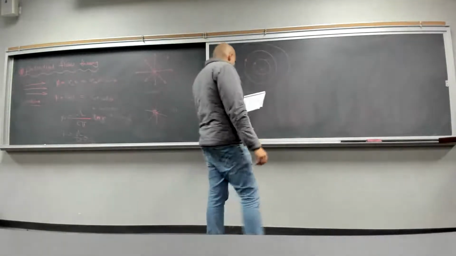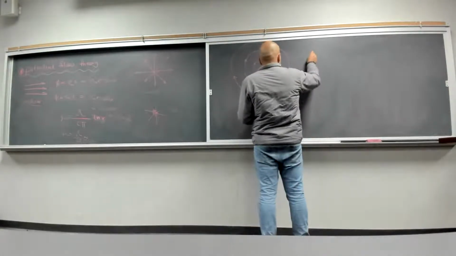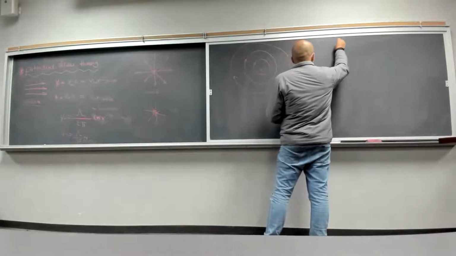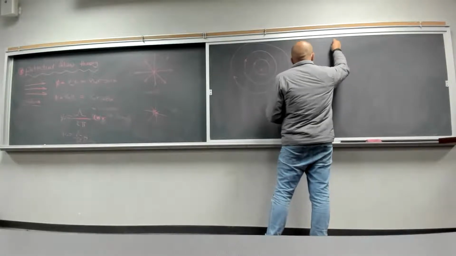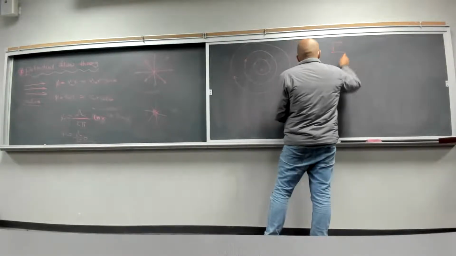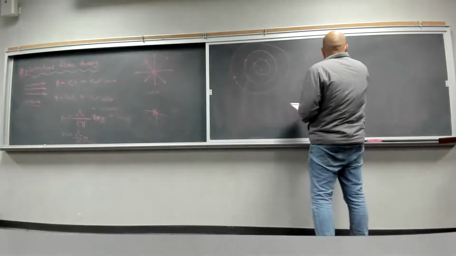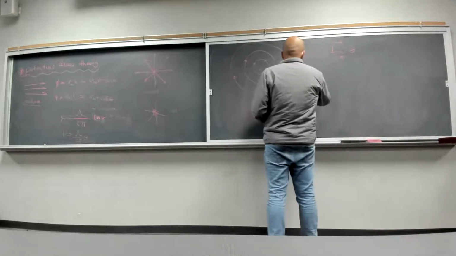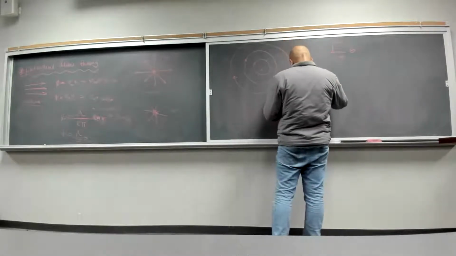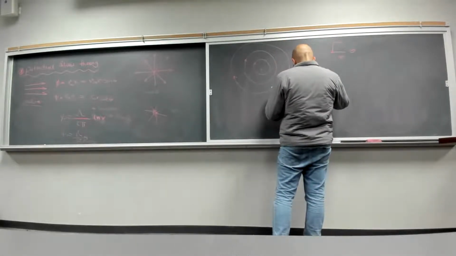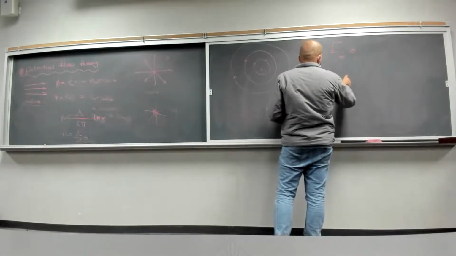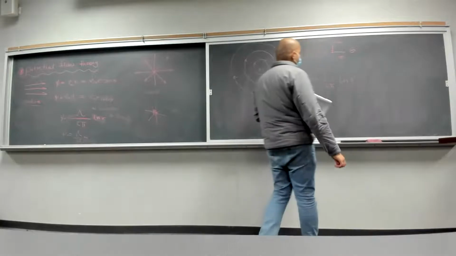Your phi for a vortex flow is going to be equal to negative gamma divided by 2 pi theta, and your psi is going to be equal to gamma divided by 2 pi natural log of R.